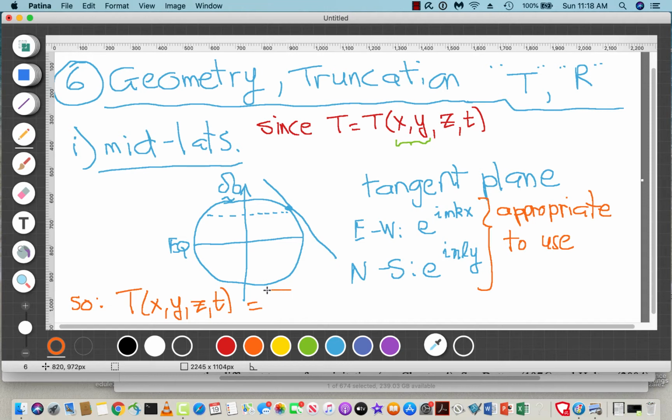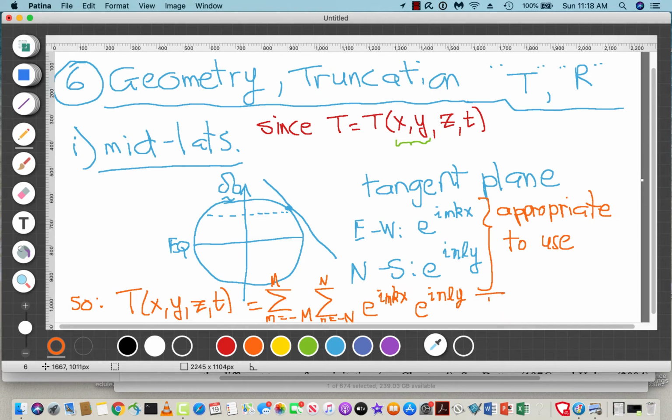So we would write that this is a sum m equals negative capital M to capital M. And then another sum over a little n equals negative capital N to capital N of e to the i m k x times e to the i n l y.